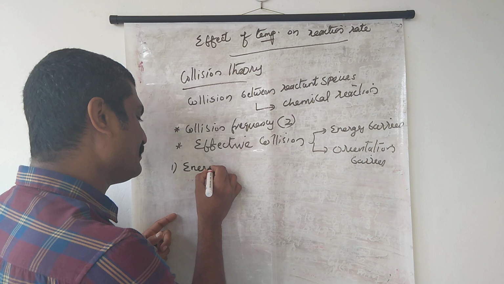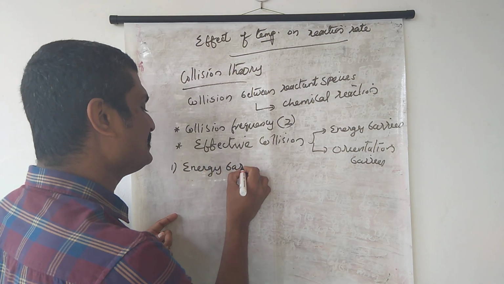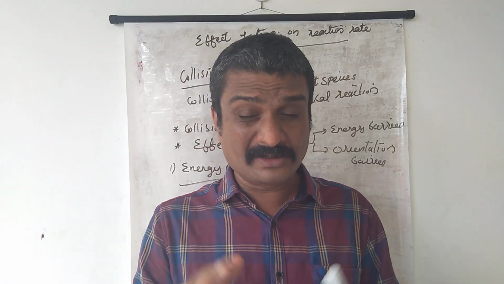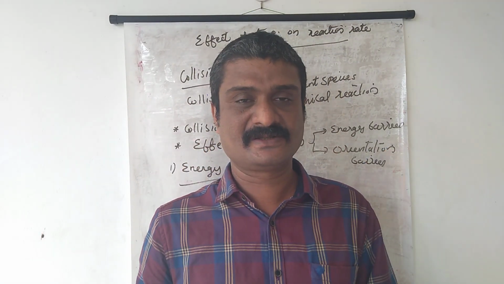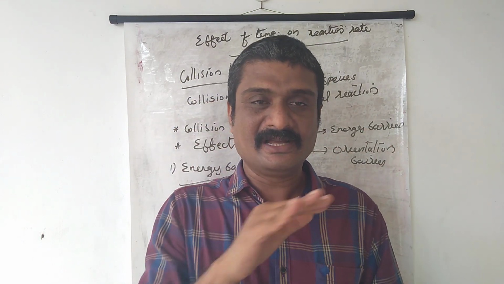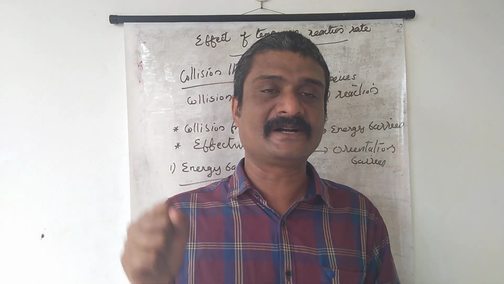Let us see the first barrier, the energy barrier. For reacting species to make effective collision, they should have a sufficient amount of energy to break the chemical bonds in the reactant species.